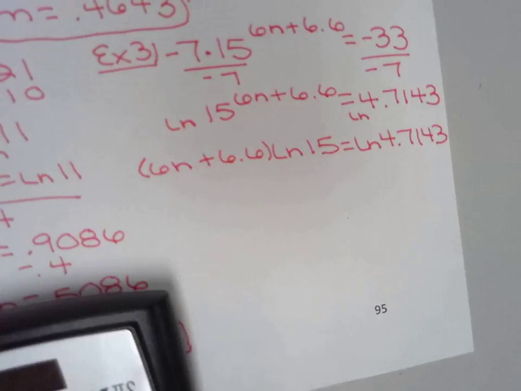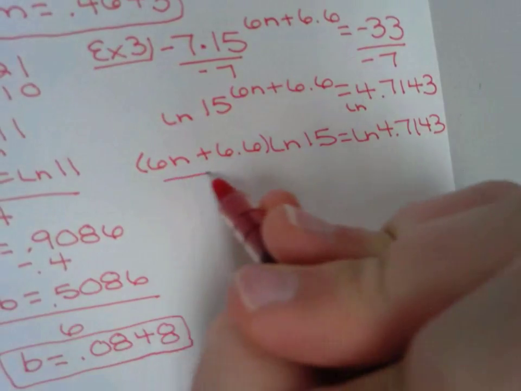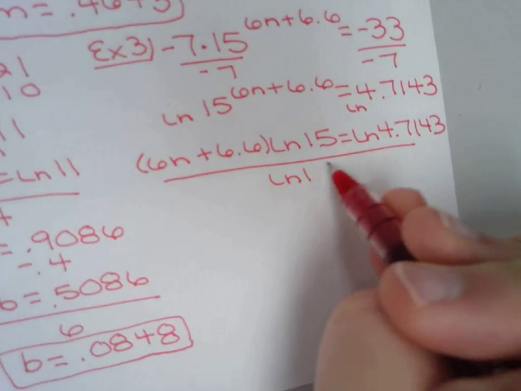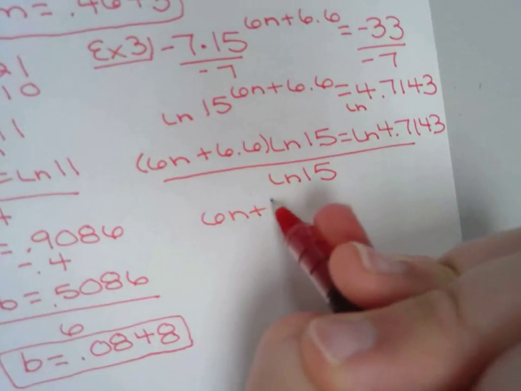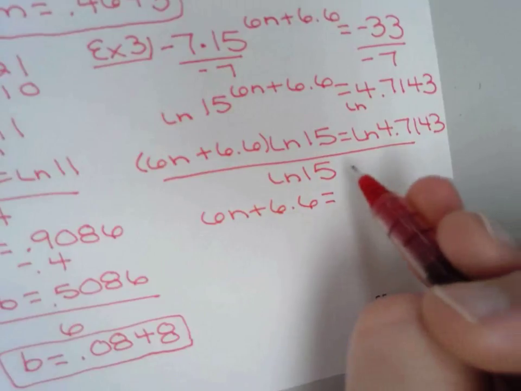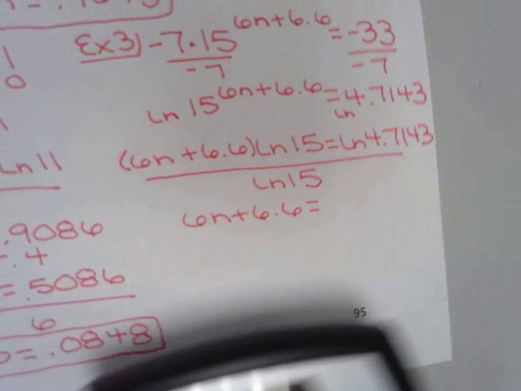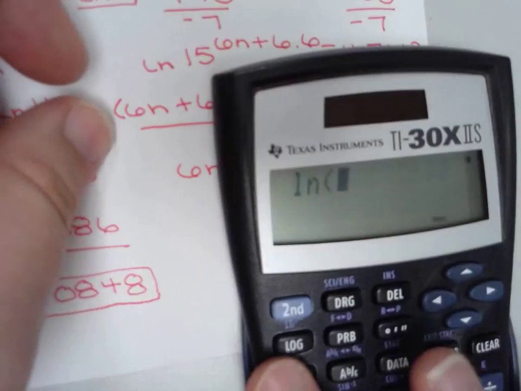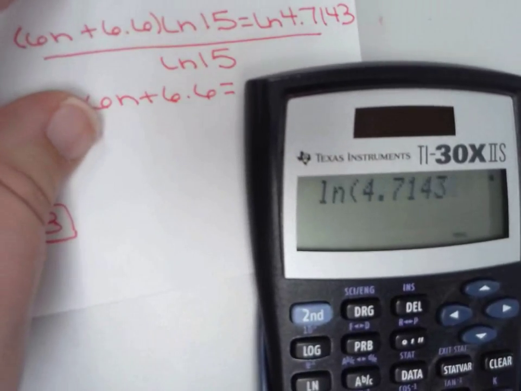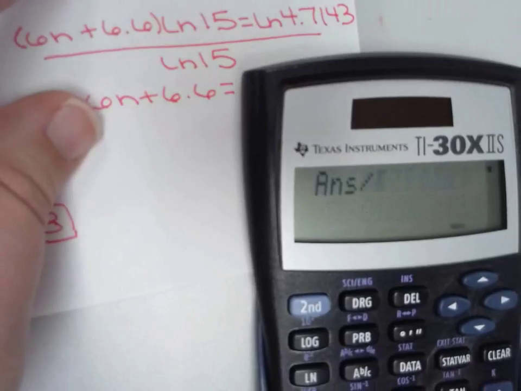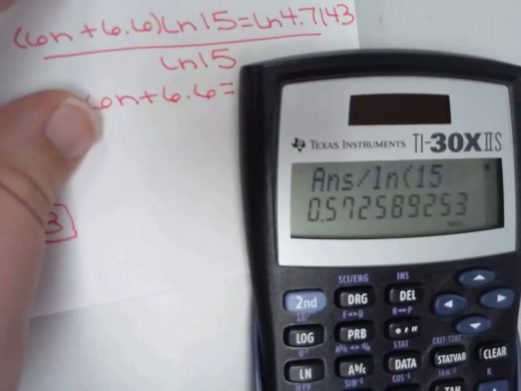Now you could distribute the ln of 15, except that's going to make it messier. So I'm going to go ahead and divide first. Divide both sides by ln of 15. So 6n plus 6.6 equals, and on the right side I get a decimal: ln of 4.7143 divided by ln of 15, which is 0.5726.